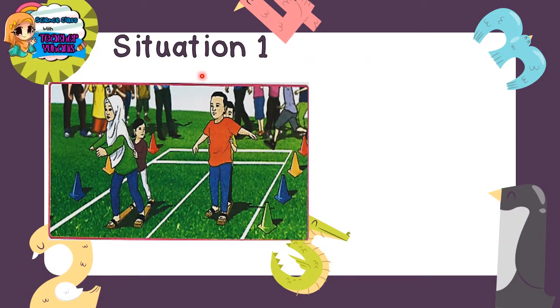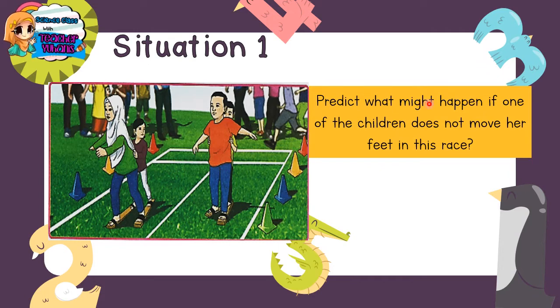Let's look at situation 1. In this situation, these two players need to work together so that they can move the giant slippers to the front and win the game. However, what will happen if one of the children does not move her feet in this race?